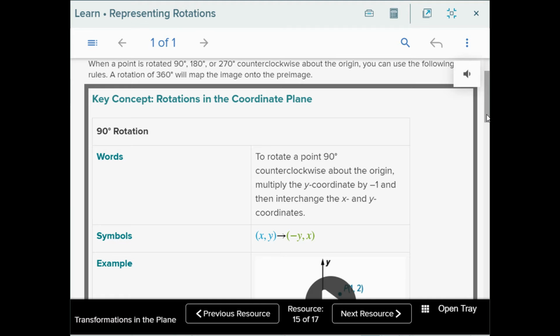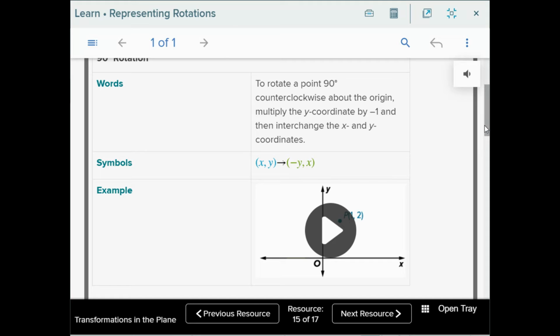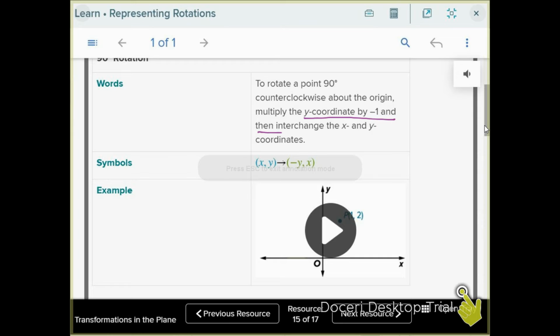First, let's look at a 90-degree rotation counterclockwise. To rotate a point 90 degrees counterclockwise about the origin, multiply the y-coordinate by -1, and then interchange the x and y coordinates. So we started off with x, y.